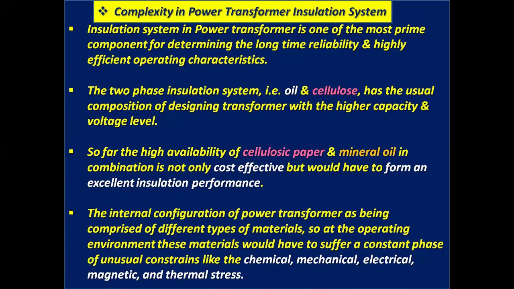Cellulosic paper and mineral oil. The internal configuration of a power transformer is comprised of different types of materials. In the operating environment, these materials suffer constant unusual constraints like chemical, mechanical, electrical, magnetic, and thermal stress.